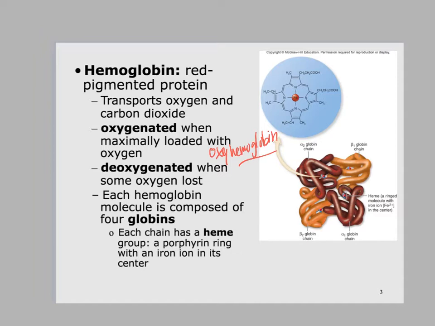If carbon dioxide is bound to it, which can happen, okay? It's called carbaminohemoglobin. Okay? Carbaminohemoglobin. Now, is that counterintuitive? Think about it, does that function kind of oppose each other?